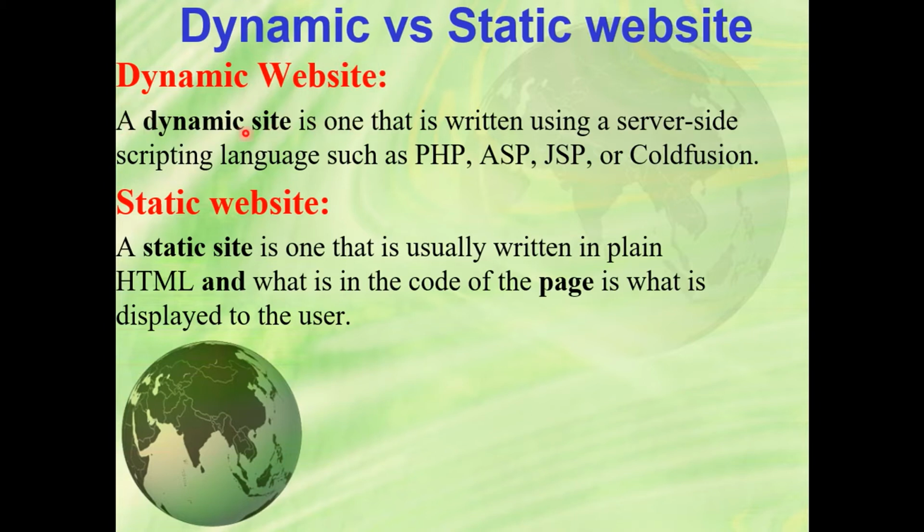A dynamic website, or dynamic site, is one that is written using server-side scripting languages such as PHP, ASP, JSP or ColdFusion. Dynamic websites use PHP, which is a server-side language, and ASP, Active Server Pages, and JSP, JavaServer Pages, or ColdFusion. All these languages are server-side languages.